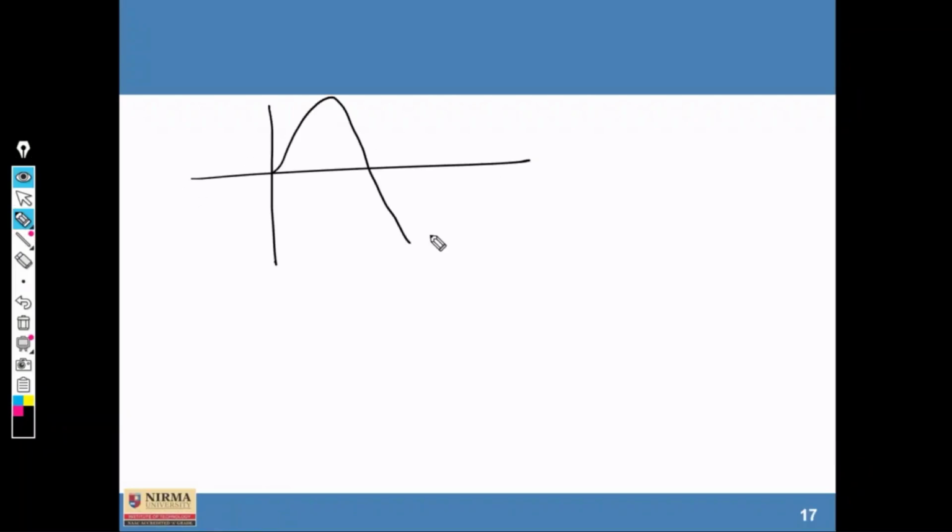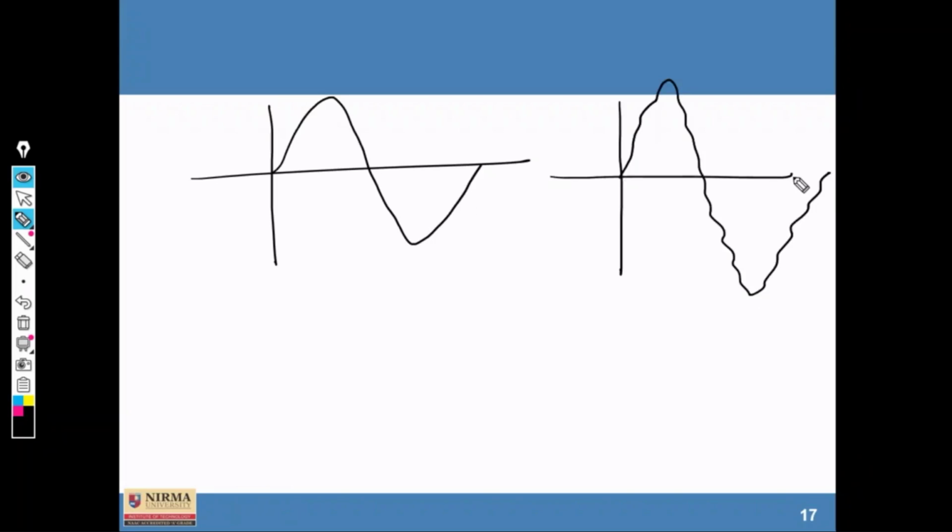Now, in the analytical method, we know that there is a graph of a sinusoidal wave. So this is a sine wave. And another wave is known as a non-symmetrical waveform. So this is a sinusoidal waveform, and this is a non-sinusoidal waveform. If the positive half cycle and negative half cycle are equal, then we can say symmetrical waveform.